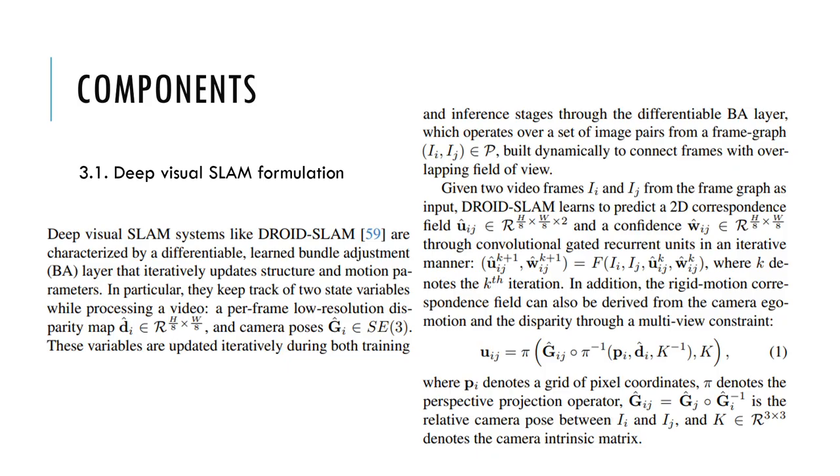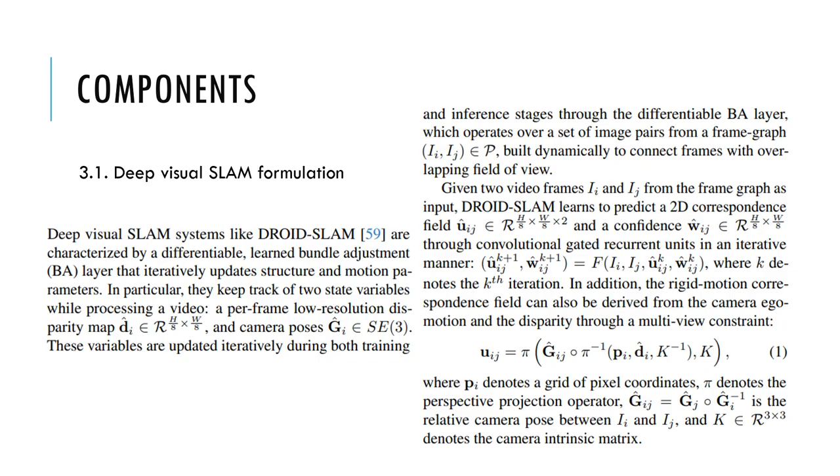The first equation determines how DROID-SLAM predicts the 2D correspondence between two video image frames, which gives the corresponding flow field and confidence through gated recurrent units iteratively.